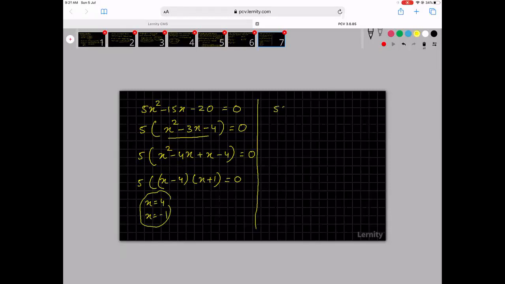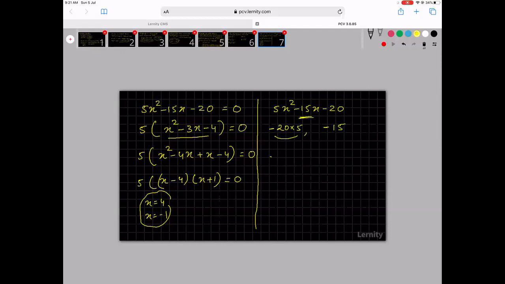What I did is 5x square minus 15x minus 20. I did not take 5 common. I said, let me think of two numbers whose product is equal to minus 20 into 5 and whose sum is equal to minus 15. Very clearly these numbers itself will give me minus 15.